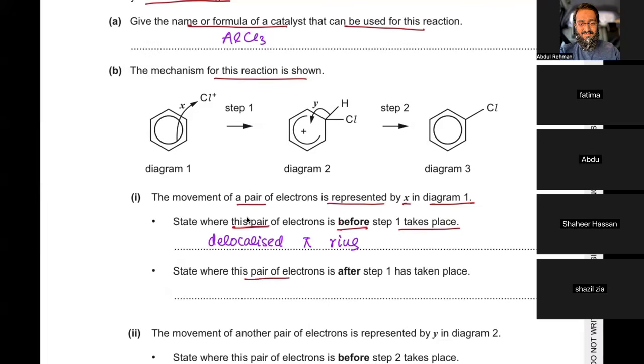State where this pair of electrons is after step 1 has taken place. So now the arrow is pointing towards, so between carbon and chlorine, the C-Cl bond.